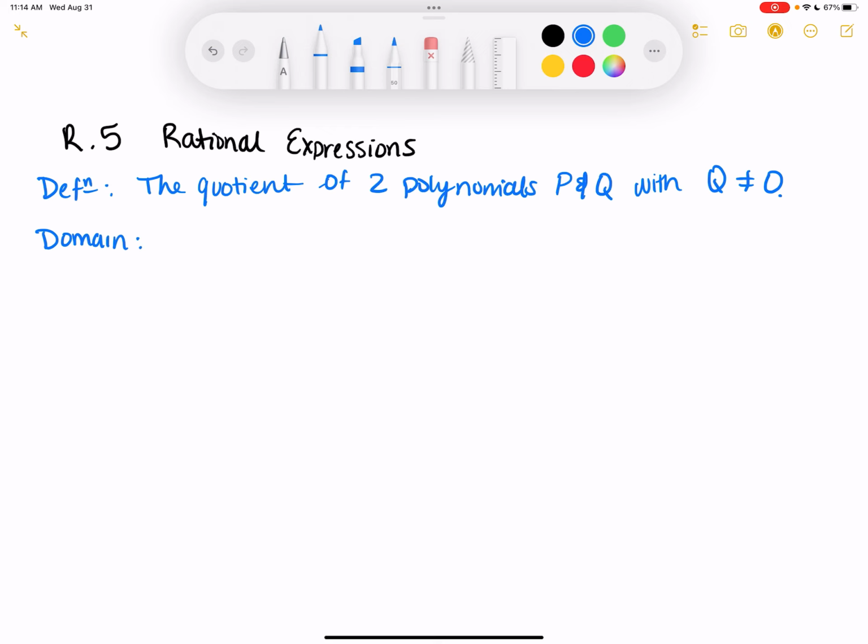The domain is the set of real numbers for which the expression is defined.